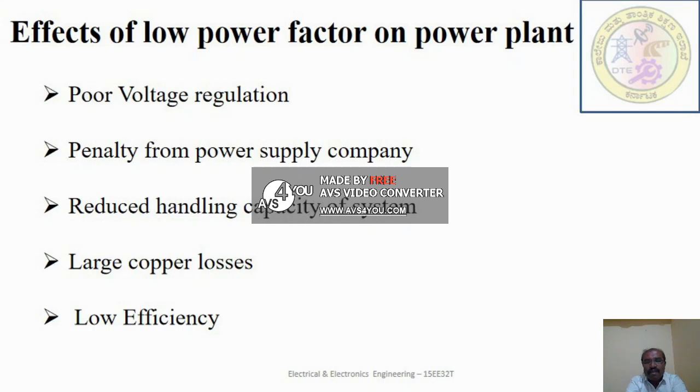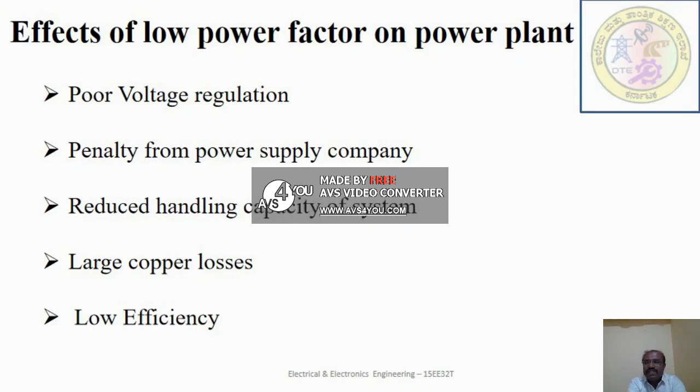As we know, the distribution companies will charge a power factor maintenance bill, a power factor penalty bill, for industrial consumers. If the industrial consumers are not maintaining the power factor of 0.95 lag, they will be charged more, separately.